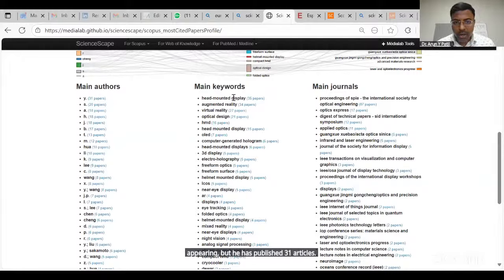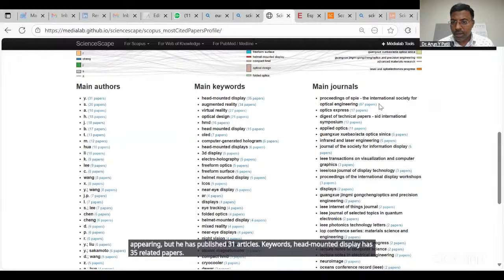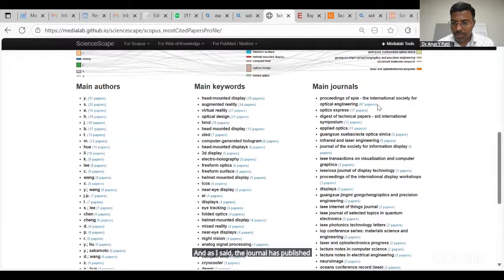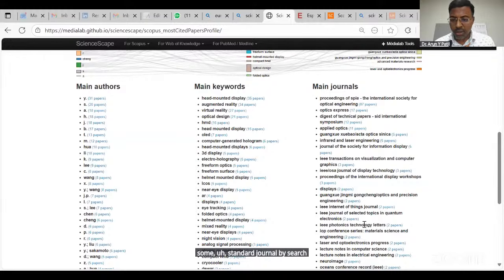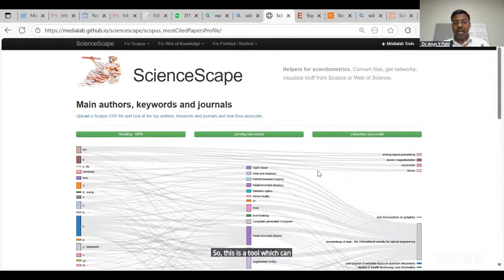The keyword head mounted display has 35 related papers. And as I said, the journal has published 87 papers. Maybe proceedings is a conference. If you are still insisting on that, you can go with the same journal, or you can prefer some standard journal by searching through other sources. So this is a tool which can quickly generate the output for you.